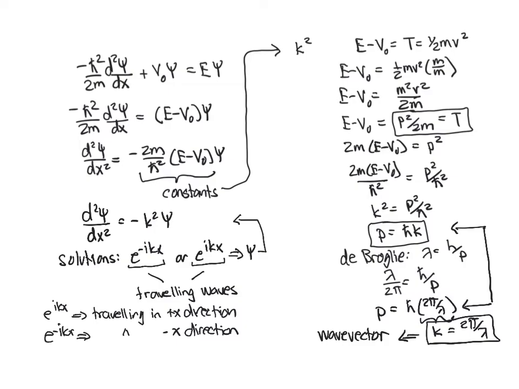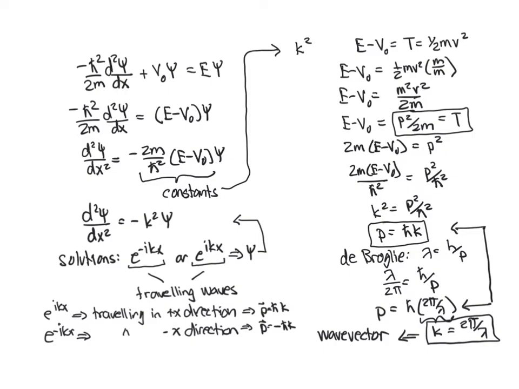And e to the minus ikx describes a particle with momentum h bar k that's traveling in the minus x direction. So in this case, the particle has momentum h bar k, and in this case, the particle has momentum minus h bar k, because momentum is a vector and it has a direction and a magnitude.